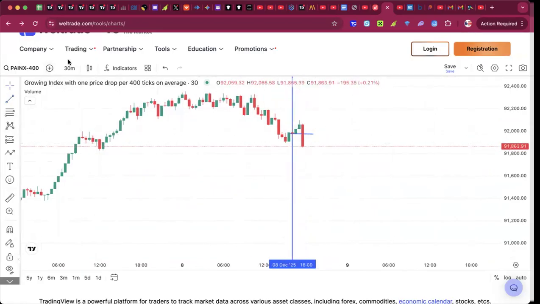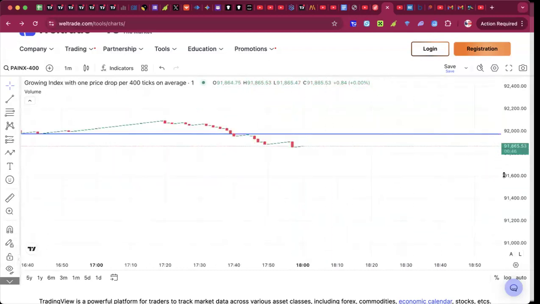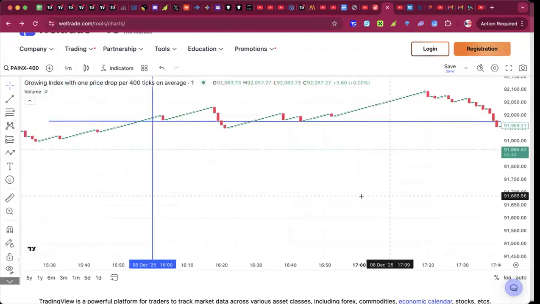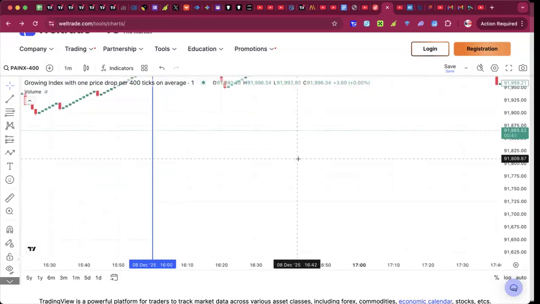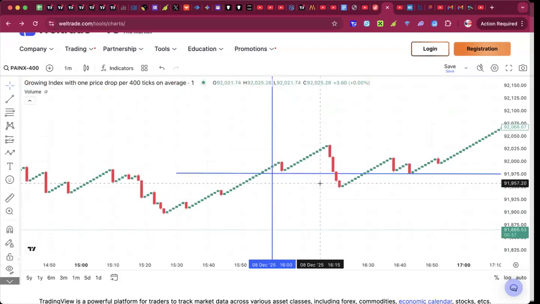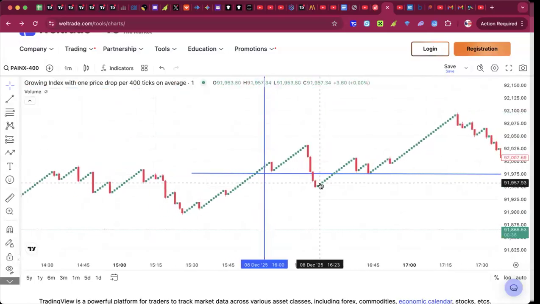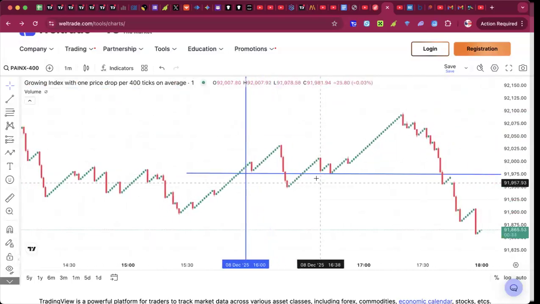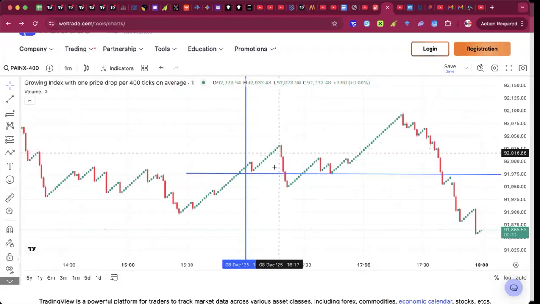So we go to 1 minute. There we are on 1 minute. This one did not close below. This is the one that closed below. So chances are you're going to lose this trade. You see now? Where is the spike that closed below? This is the whole body.